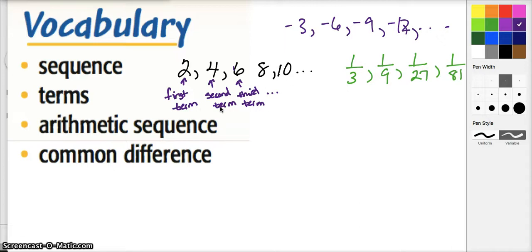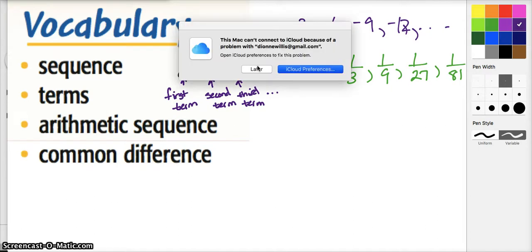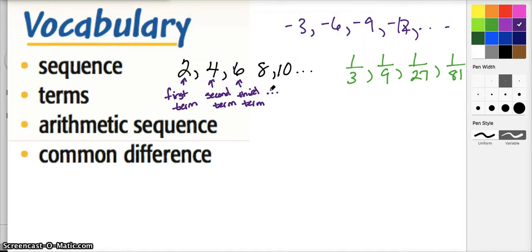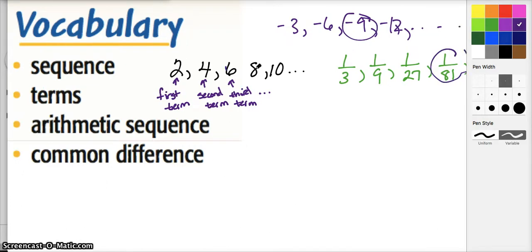The word terms refers to each number, and we usually put a prefix of first, second, third, depending on the number's location in the sequence. Does that make sense? If we were talking about the third term of this sequence, it would be -9. The fourth term of this sequence would be 1/8. So terms refer to the values in the sequence.